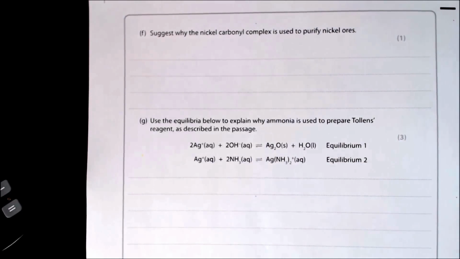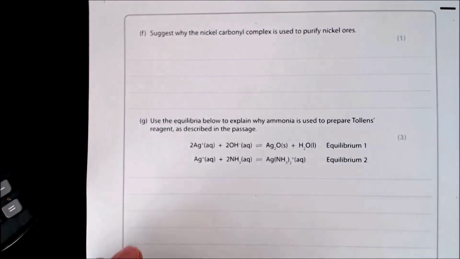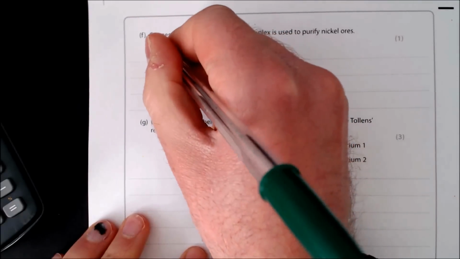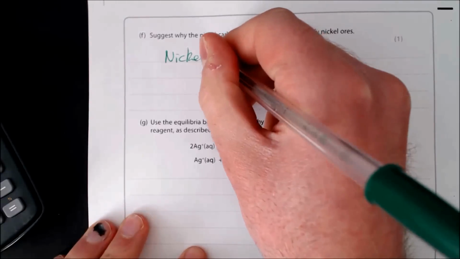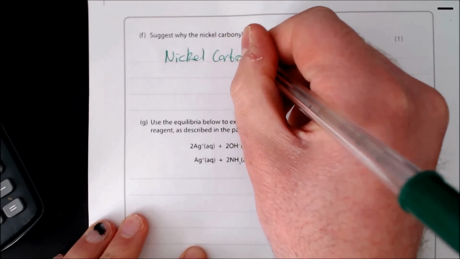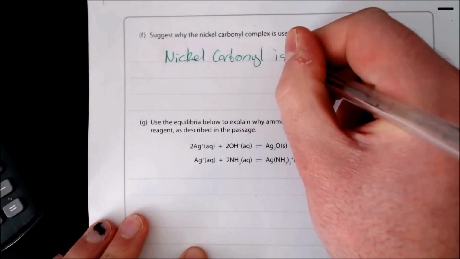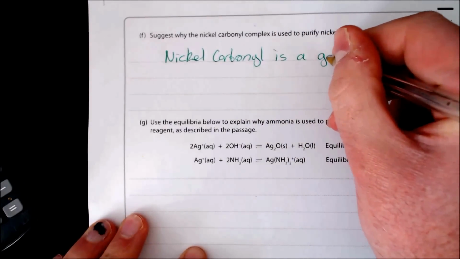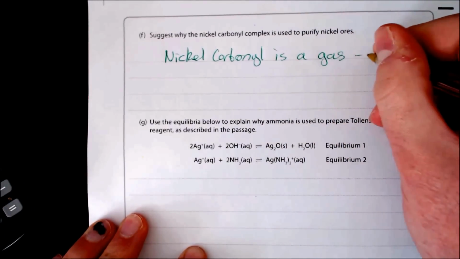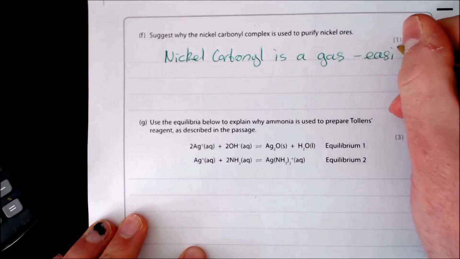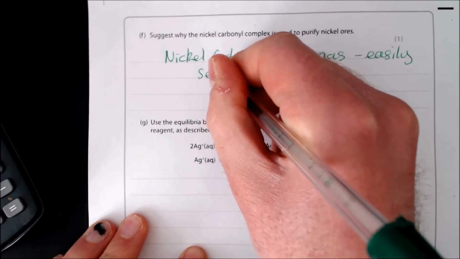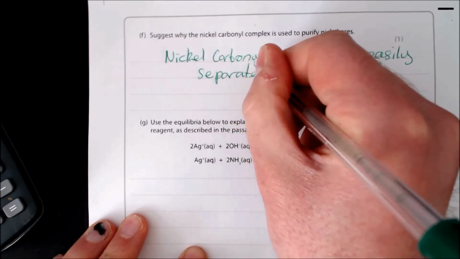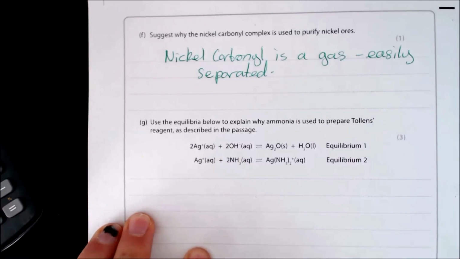So I'm just going to put that on there. There you go. So it's easily separated. So you get 1 mark for that.